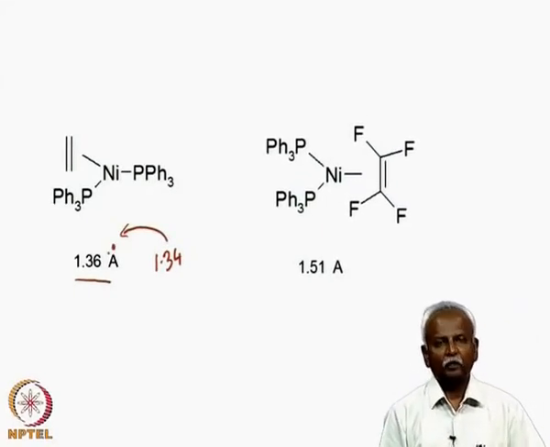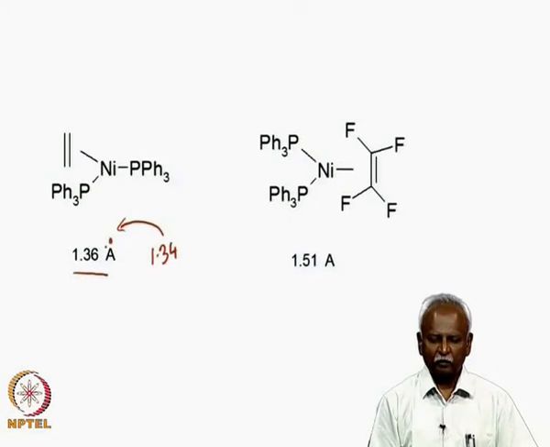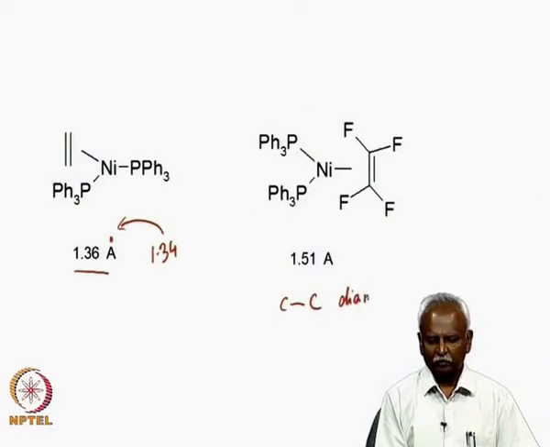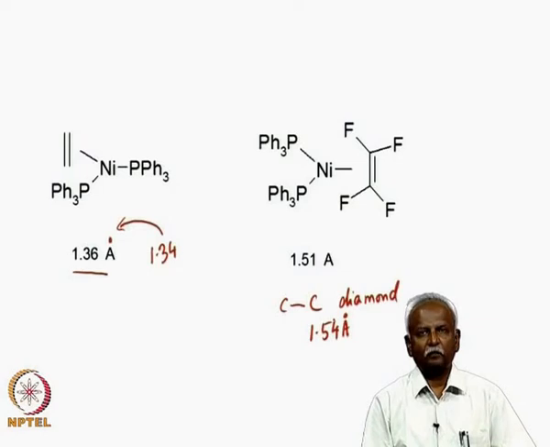So, this is hardly a 0.02 angstrom increase in the case of the ethylene complex, whereas the carbon-carbon bond distance in the case of tetrafluoroethylene is almost similar to the carbon-carbon bond distance in diamond. So, the carbon-carbon bond distance in diamond would be close to 1.54 angstroms, and that is pretty much what you have in the case of the tetrafluoro complex.